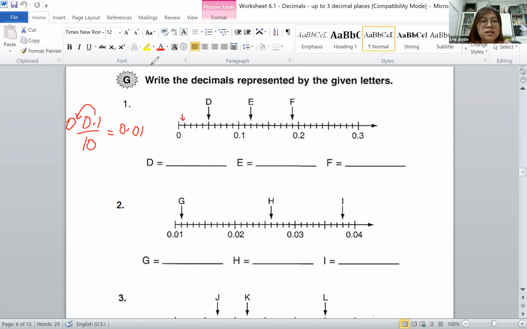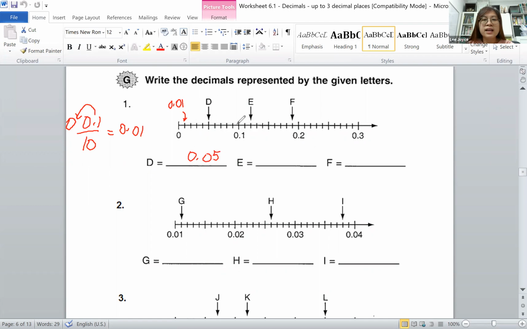Let me erase and write again. Each of these parts is 0.01. Subsequently, the other parts will be 0.02, 0.03, 0.04, 0.05.